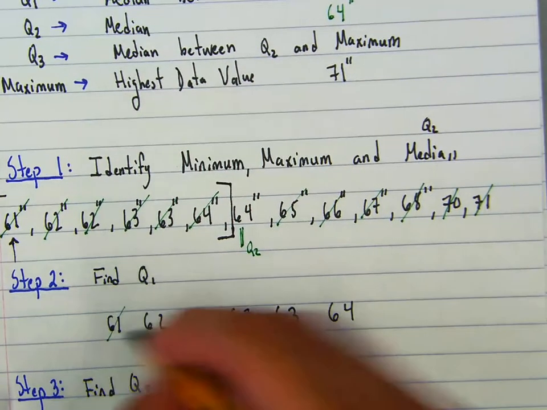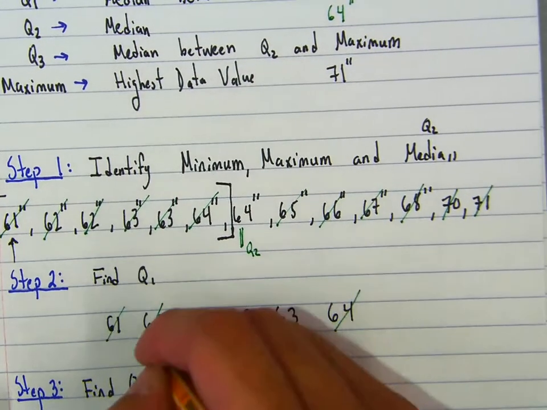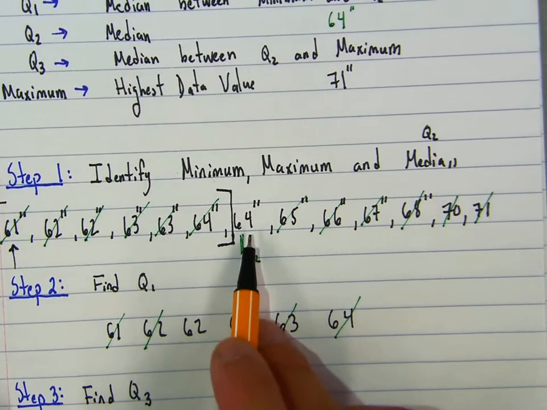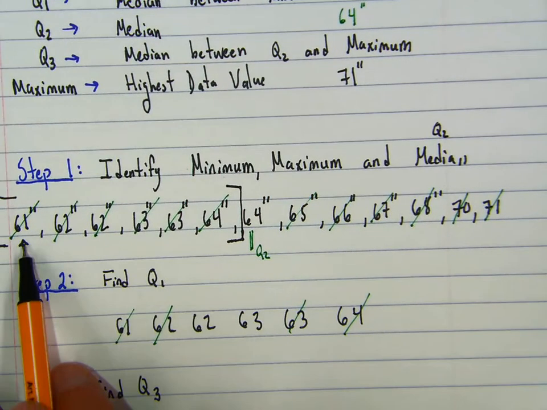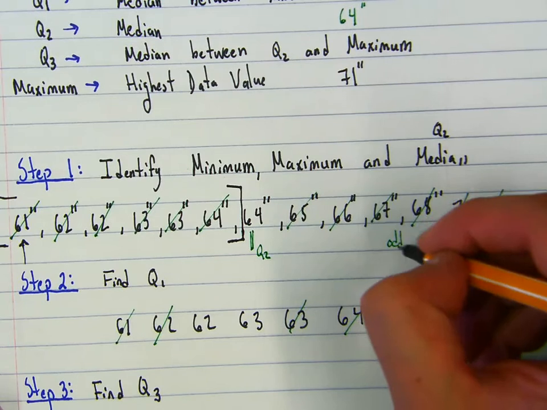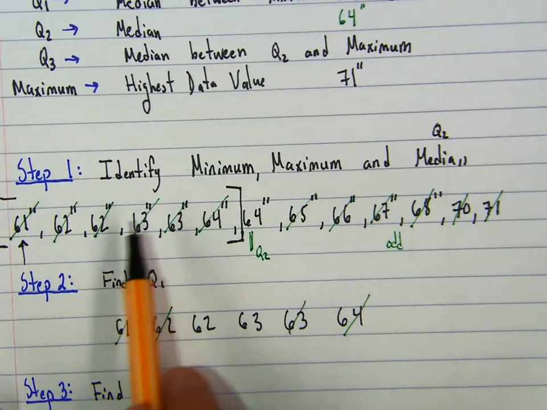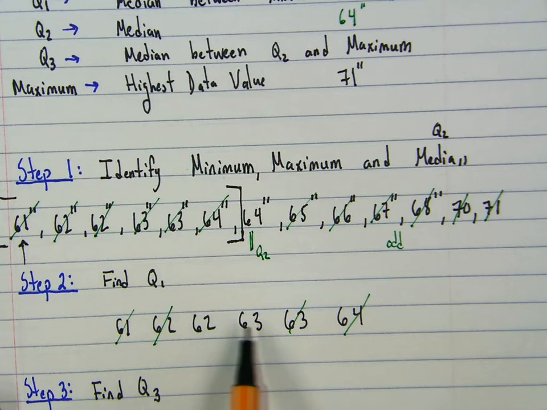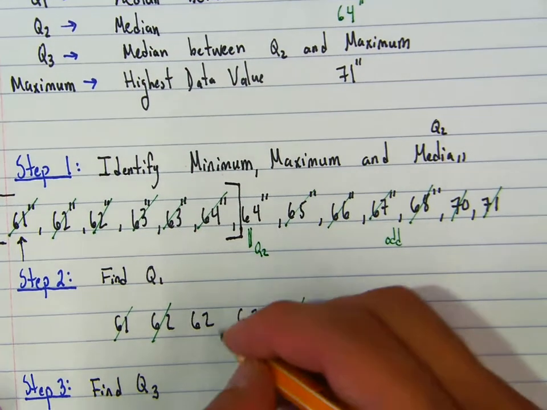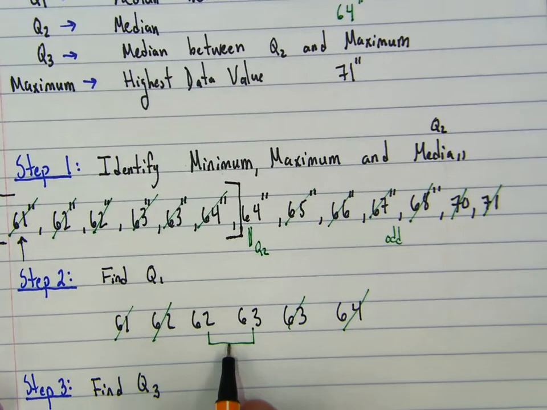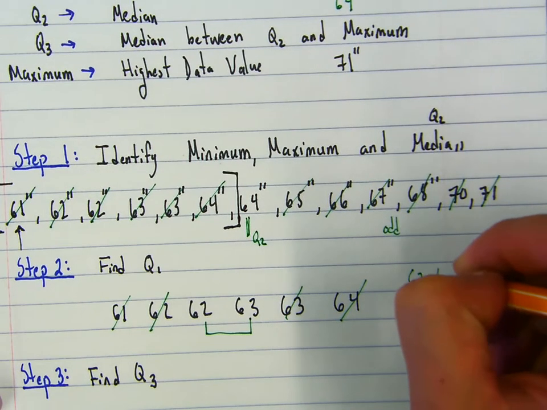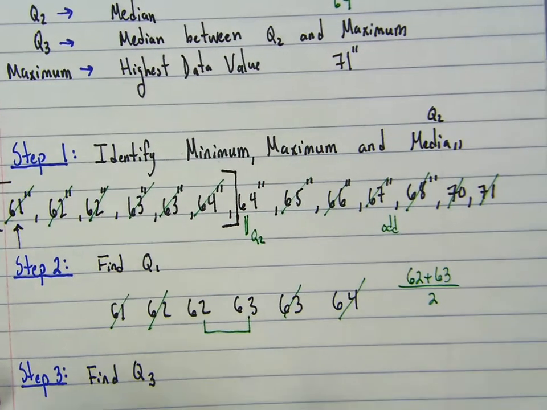So I cancel this one, I cancel this one, I cancel this one, I cancel this one. Notice that here we had an odd number of data values, so we had one left. Here, notice I have two numbers left. And then what you do is find the average of these two numbers. So all I have to do is take 62 plus 63, divide by 2.